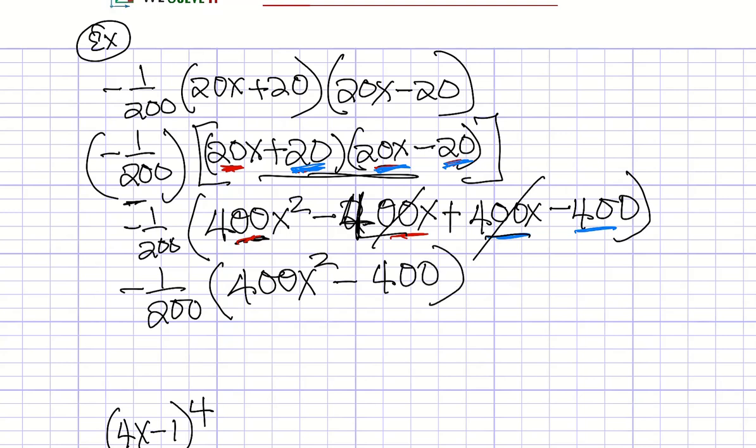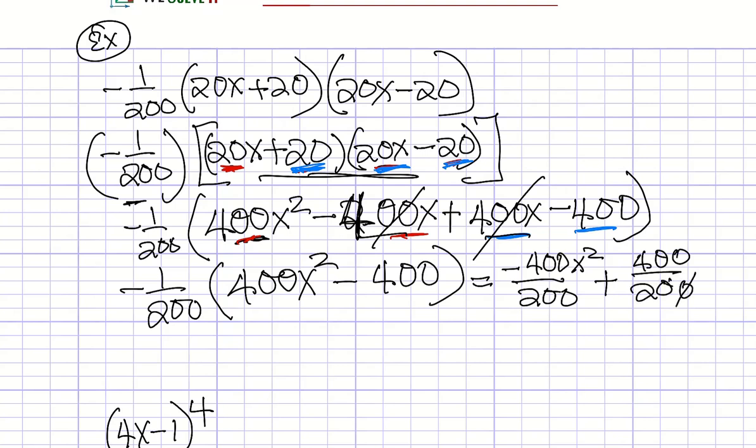Okay. All right, so then we'll use that thing outside and start multiplying. I'll start dividing because, well, it's multiplication. We'll multiply. Notice this. It's going to be negative 400x squared over 200. You see that? And then it becomes positive 400 over 200.